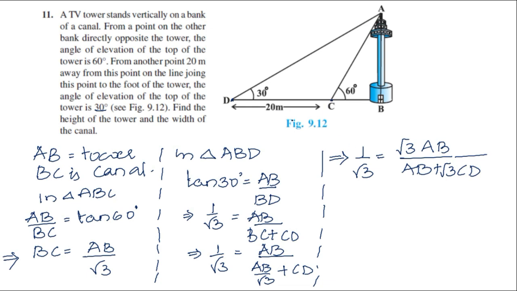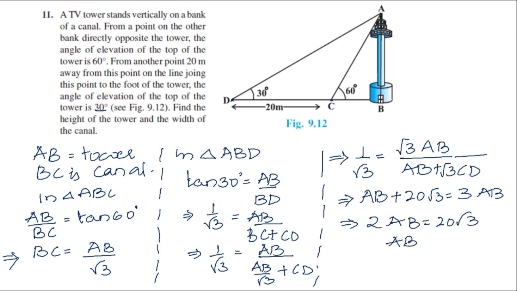The length of CD is known. It is 20. So let us do cross multiplication by taking this CD to be 20. We get AB plus 20 times root 3 equal to 3 times AB. On transposing AB, we get 2 times AB equal to 20 root 3, AB equal to 10 root 3.